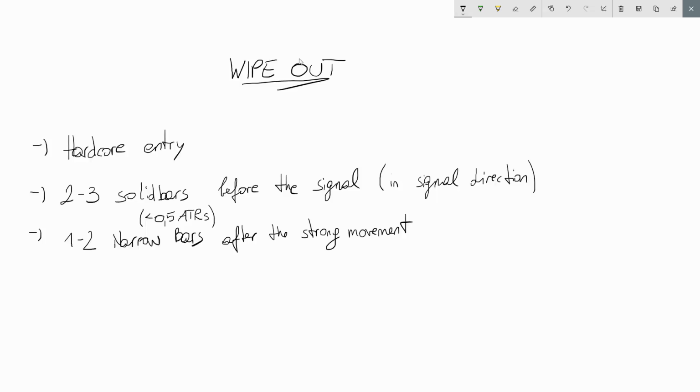We have one more rule we have to take care of. We should not touch the SMA 8. So you have to imagine this WipeOut signal. The SMA 8 until now was what we used to follow a very strong and even fast trend move. The WipeOut is even faster than the SMA 8.